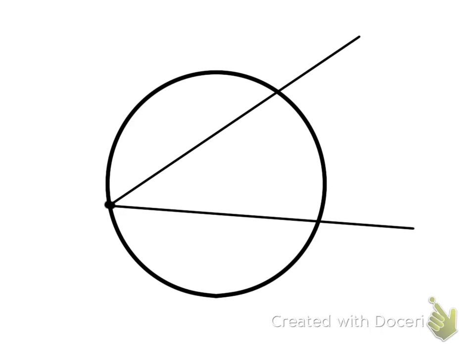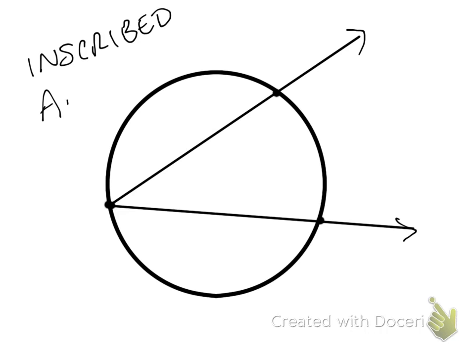As you can see, they can still extend on. They can extend on these rays, but the sides of the angle, those segments, create chords. So this is an inscribed angle. And we're going to have some examples and some ways that we can use this and some properties that are going to go along with it.